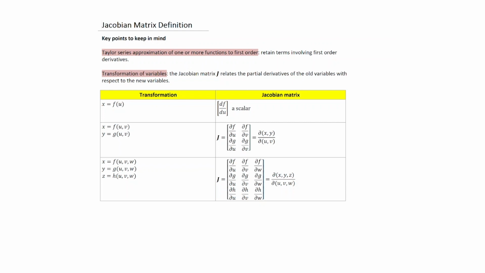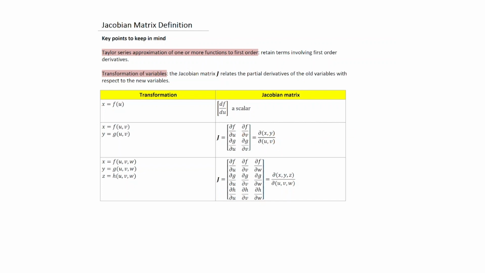And that 2-by-2 matrix we call a Jacobian matrix. That's just the name that's given to it. We can write it in matrix form or in short form, as ∂(x,y)/∂(u,v). These are equivalent.